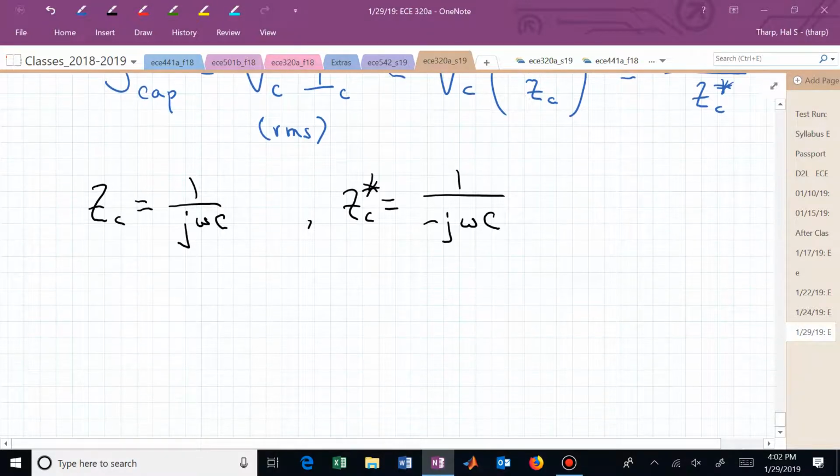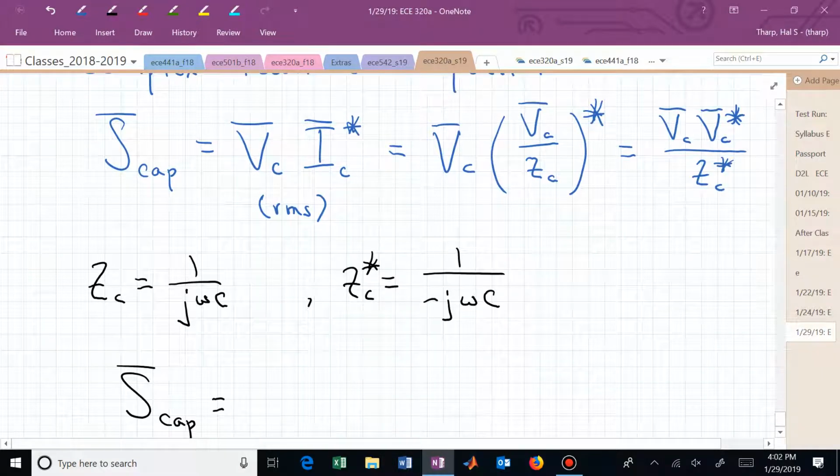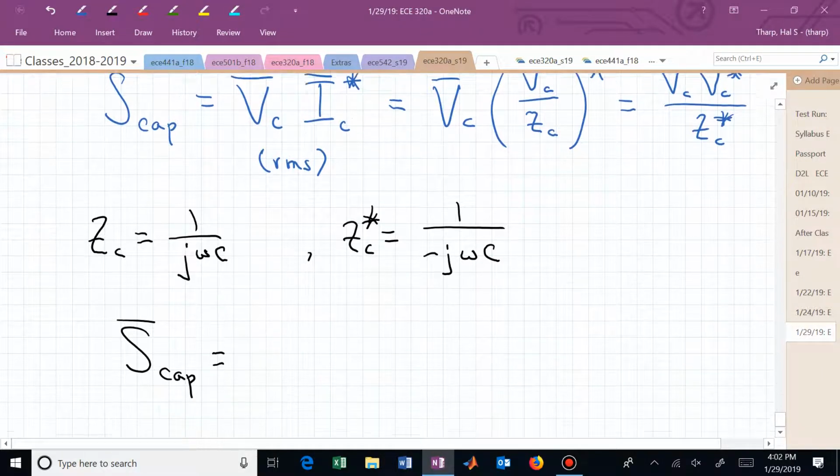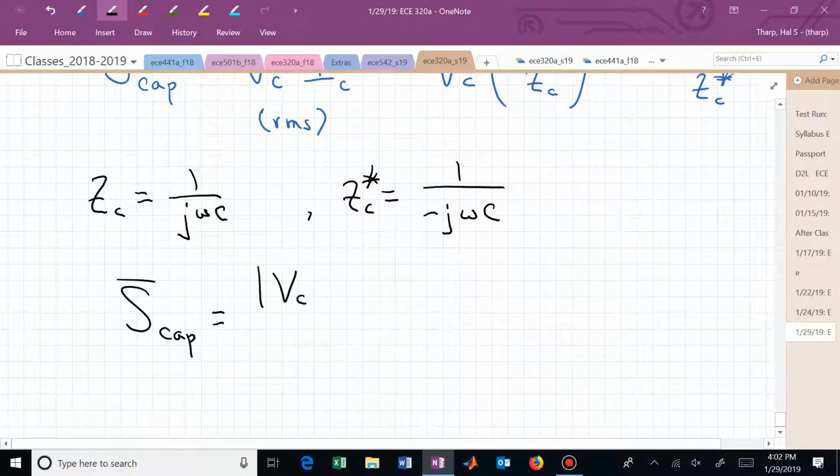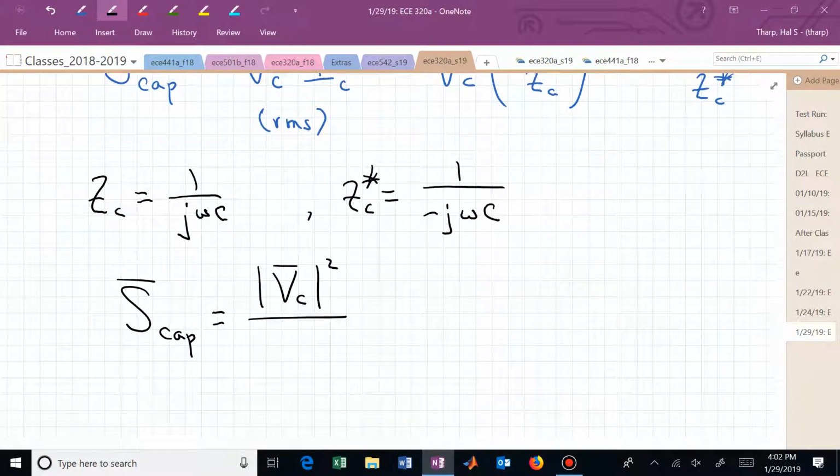And if we plug that in now to our complex power formula, which was the magnitude of V sub c squared, that's because the complex number times its conjugate is just its magnitude squared, divided by Z sub c conjugate.